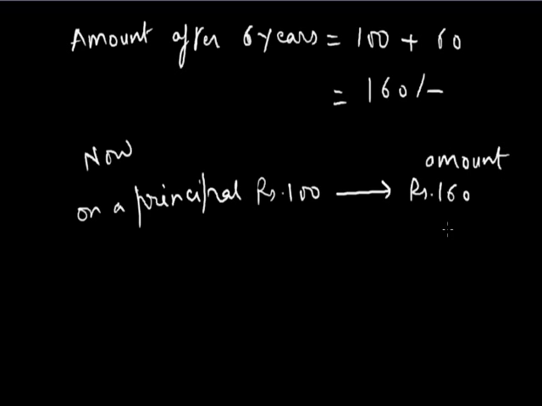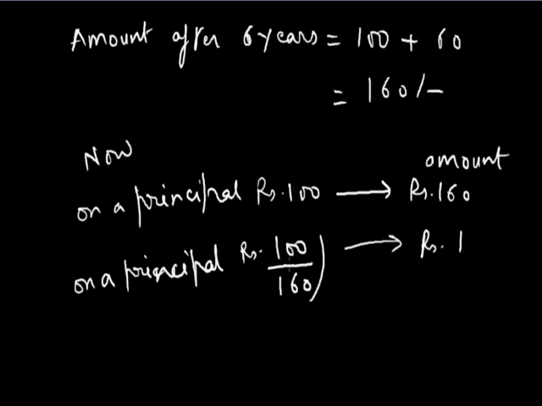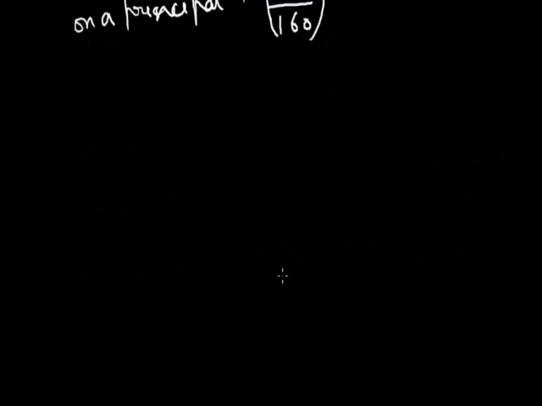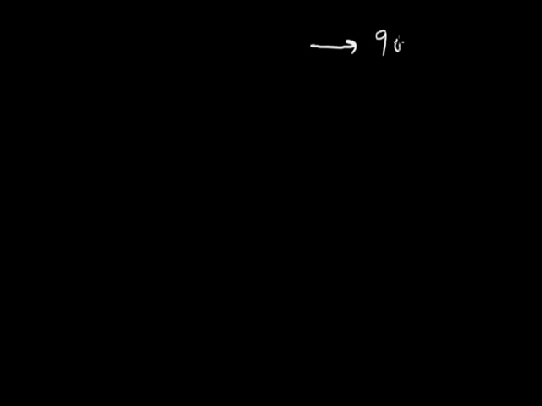So using the unitary method, I can say that for an amount of rupees 1, the principal is rupees 100 divided by 160 after 6 years. So for an amount of rupees 900, the principal is rupees 100 divided by 160 multiplied by 900.